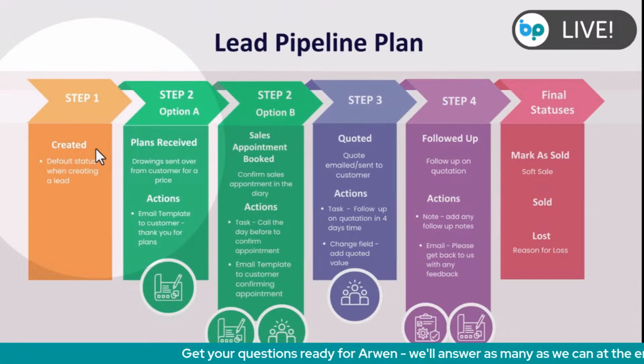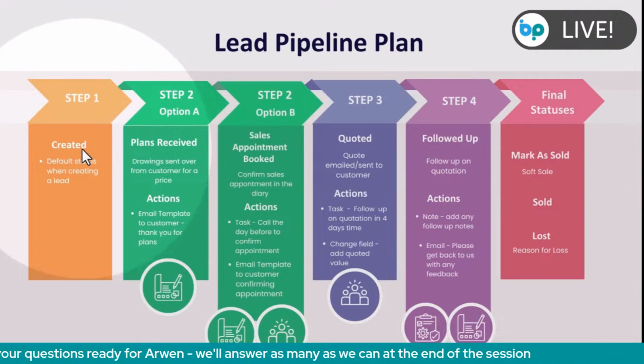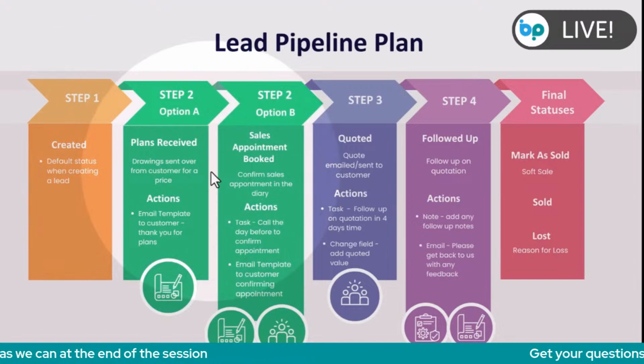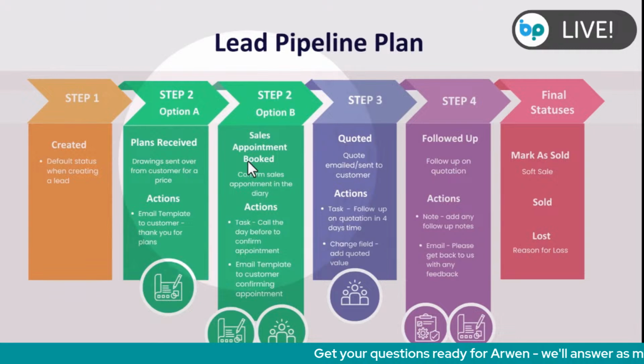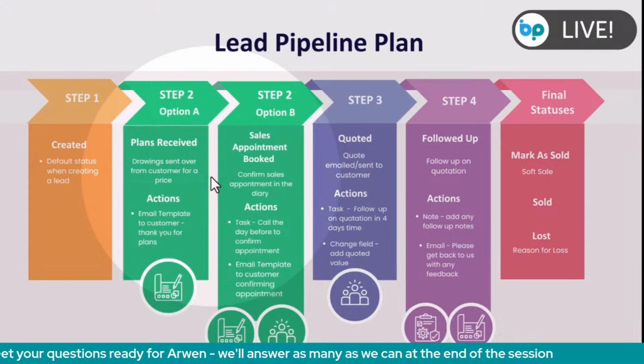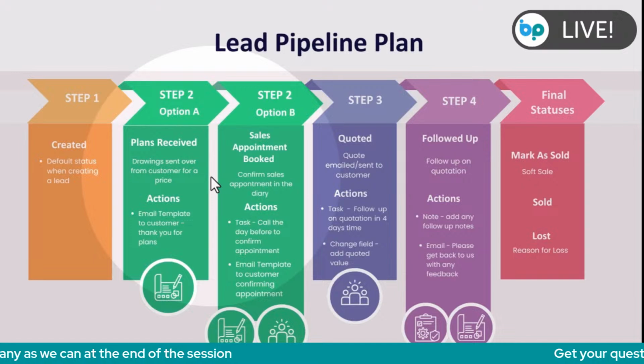So to give an example here, when I start with created, I have chosen here to give myself two pathways. I can either have plans received or sales appointment booked. Now, the option with having two here, it might be that my business decides to quote only from receiving plans from a customer, but I might also have the alternative here that I can book in a sales appointment immediately.